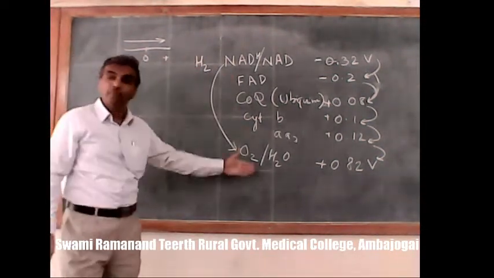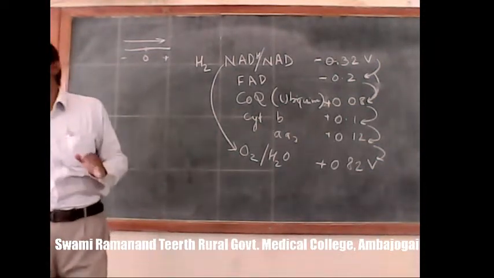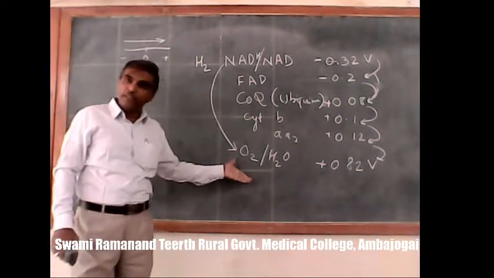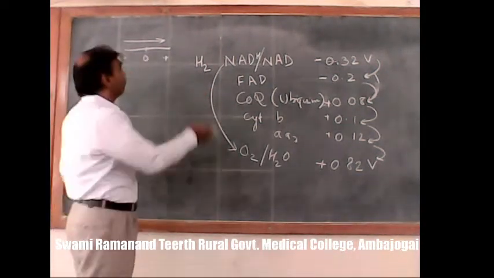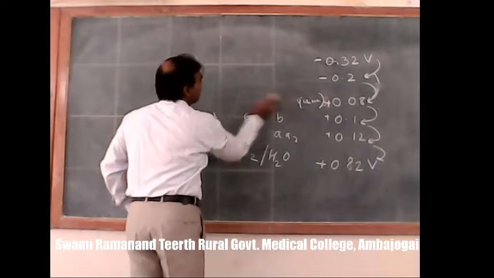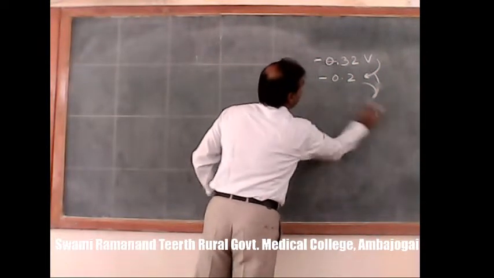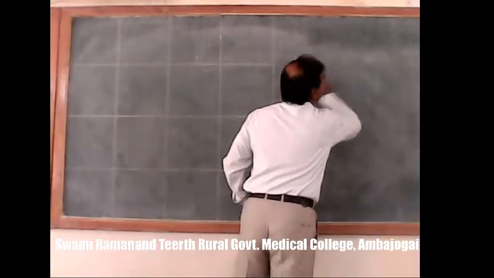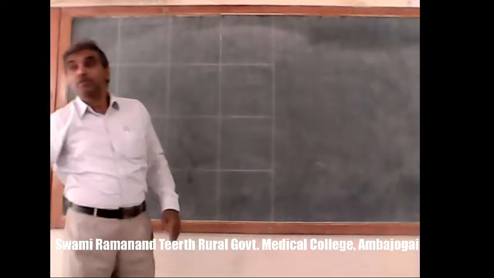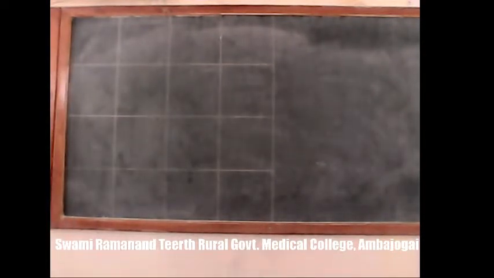So these particular substrates are arranged in increasing redox potential. Now what is the use of this? Whenever you want to see how much work is done, we will come to this again, or how much energy is liberated when electrons are passed from minus 0.32 to plus 0.82 volts.